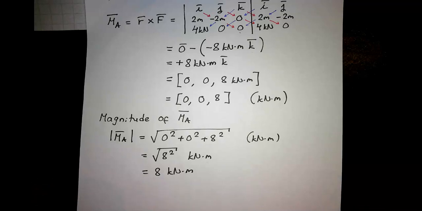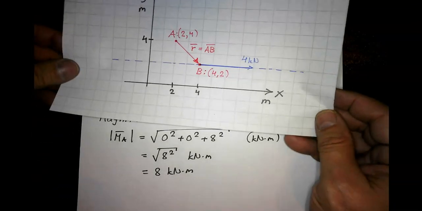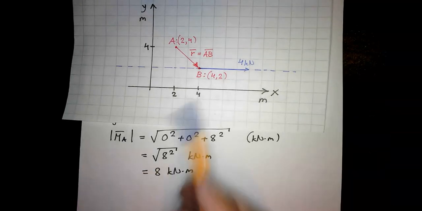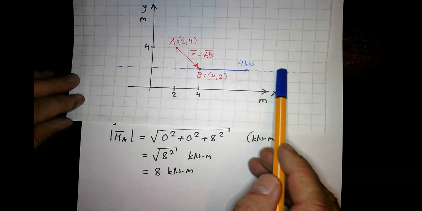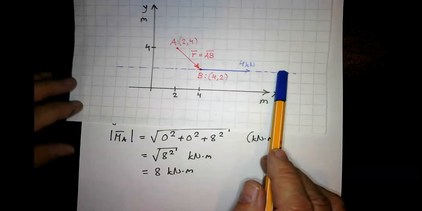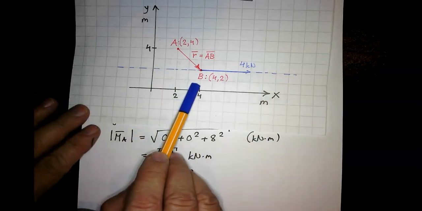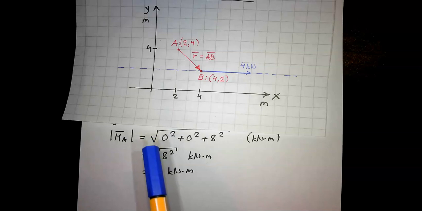I told earlier, in the beginning of this example, that I could choose whatever point in the line of action of this force. Whatever I choose, the point B, but I could choose whatever point.